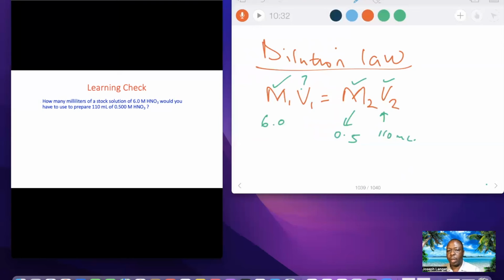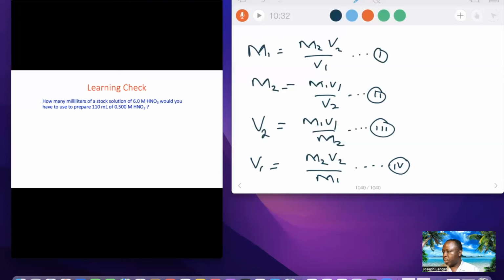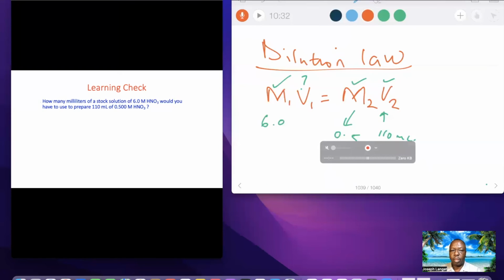If you look at all these 4 equations, you generate them from this equation. So if I'm looking at my numbers here, I'm looking for V1. I don't need to have all these equations here in order to pick one. All I will give you is this. You'll only be given this in the exam.